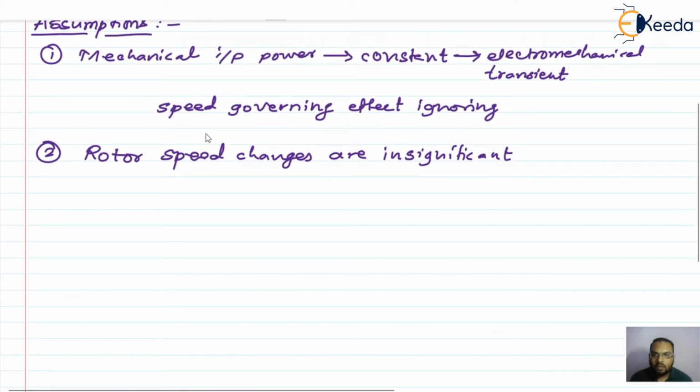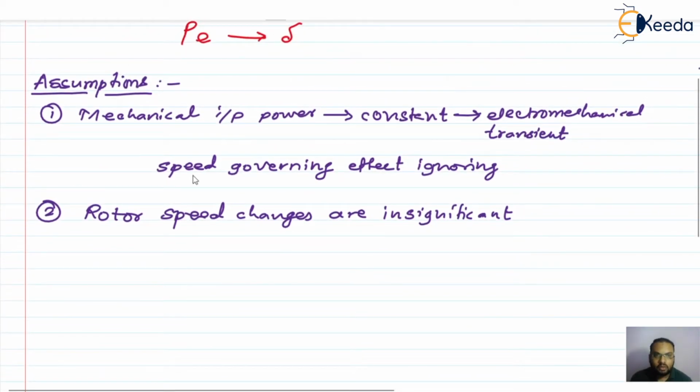So here we can say that during the electromechanical transient, which is going to last for some order of cycles, the rotor speed changes will be insignificant. Okay, this effect we have considered while calculating the swing equation as well. As the transients are coming for very short cycles, during that period of transient we can consider that the speed changes of the rotor will be insignificant.